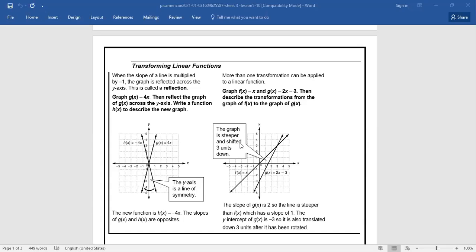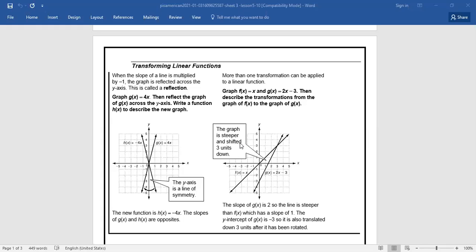So 4x becomes negative 4x. If it's 3x, it will be negative 3x. If it's negative 4x, it will be 4x.